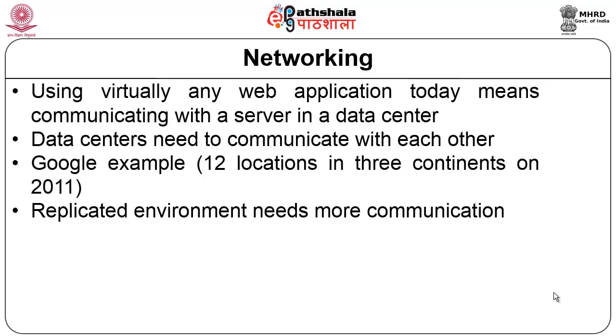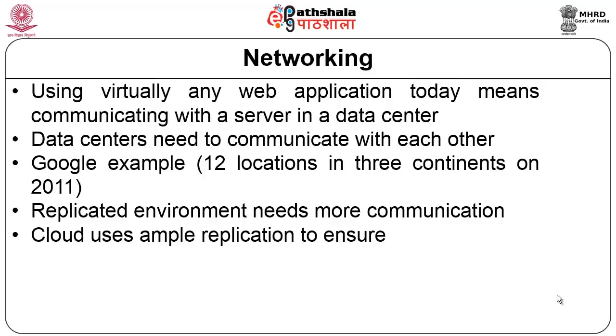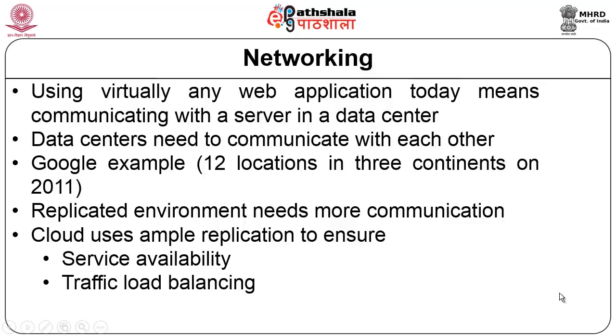As soon as we replicate, we necessitate movement of data and communication among these replicated environments. Whatever we replicate, we immediately have a requirement that they communicate with each other. This replication ensures that availability is very high, which is always a promise for our cloud, and it ensures traffic load balancing, in the sense that if some locality has more requirement for a certain set of data, we spread it out so that everybody does not go to one location.